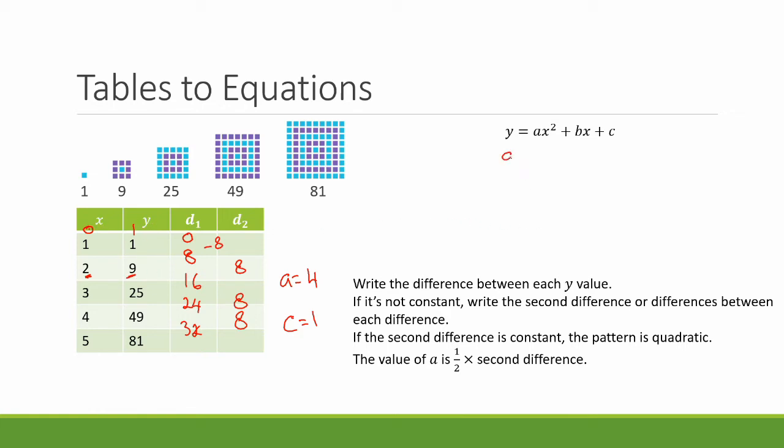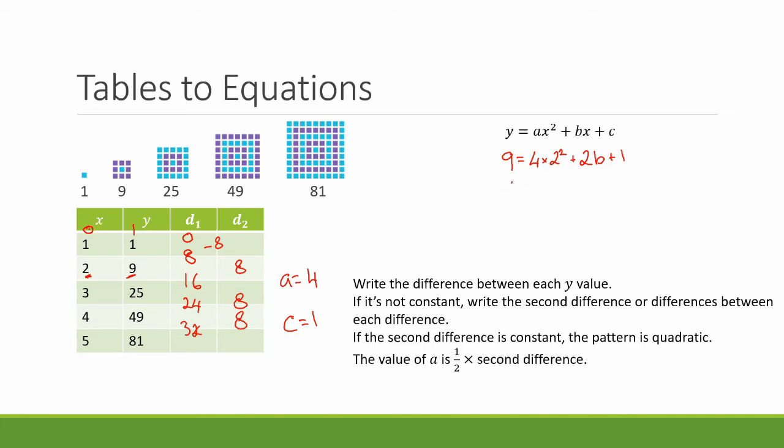So I'm going to rewrite my equation. 9 equals, now a is 4, so 4 times, now x I'm using the value 2, so 2 squared, plus b times x, and I'm just going to write this as you would with algebra, so 2 times b is the same as 2b, and then finally plus 1 for our c value. Okay, now I can start solving this.